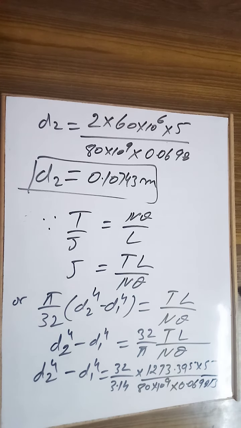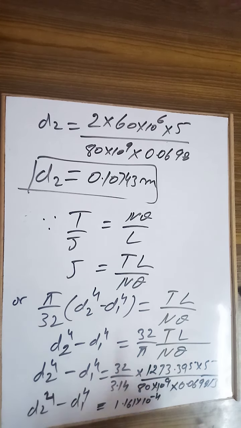By putting these values and solving this we can have the value. Finally we will get the solution of this term, it is 1.161 into 10 to the power minus 4. So this is the value of D2 to the power 4 minus D1 to the power 4.